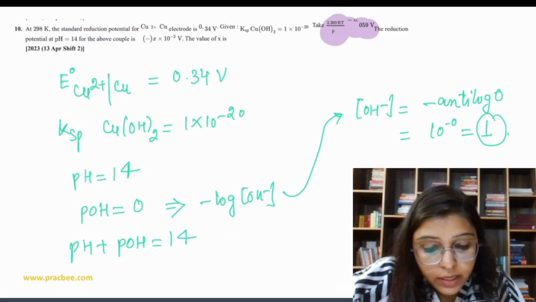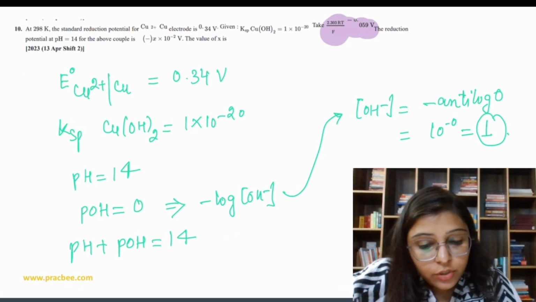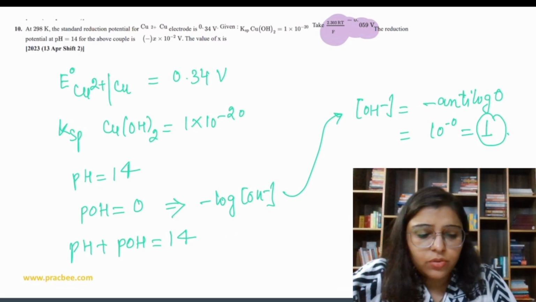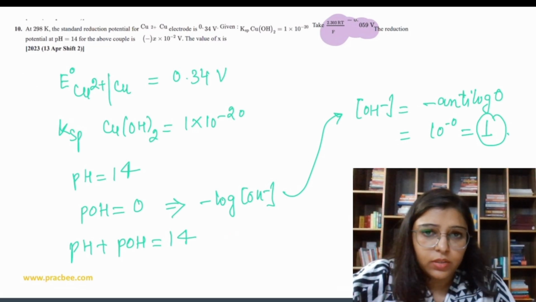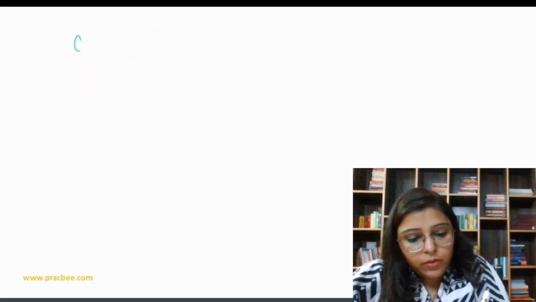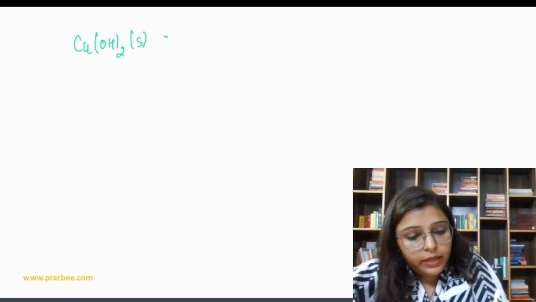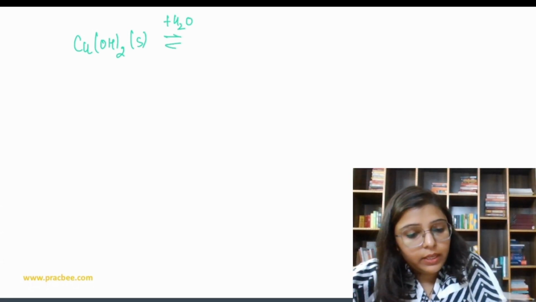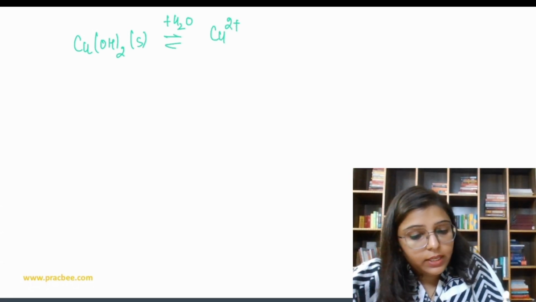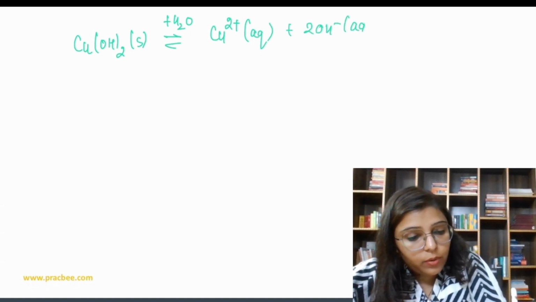And we have to find out the reduction potential for the above reaction. Okay, so let's find out. We have to use the Nernst equation for this one. Look, first of all, copper hydroxide is solid. If you add water, then copper hydroxide dissociates into copper 2+ and 2 OH minus aqueous.